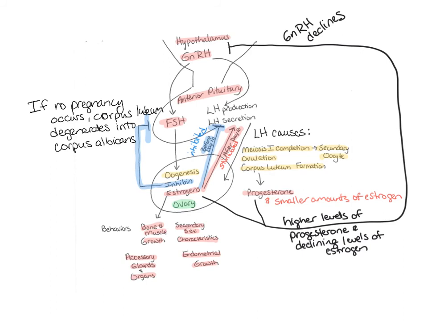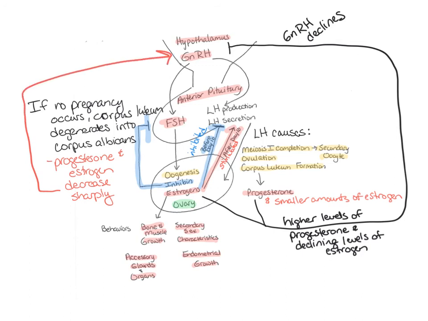At that time, the corpus albicans can no longer produce progesterone and estrogens, and so the levels of progesterone and estrogens decrease sharply. The falling levels of progesterone and estrogen trigger the hypothalamus to start releasing gonadotropic releasing hormone, and the ovarian cycle begins again at day 1.